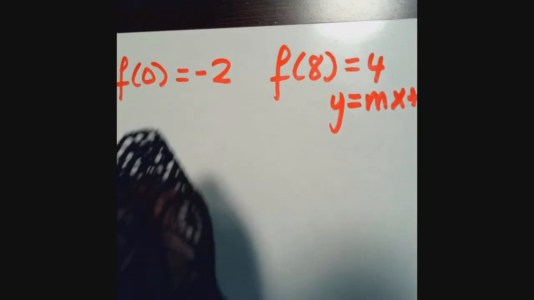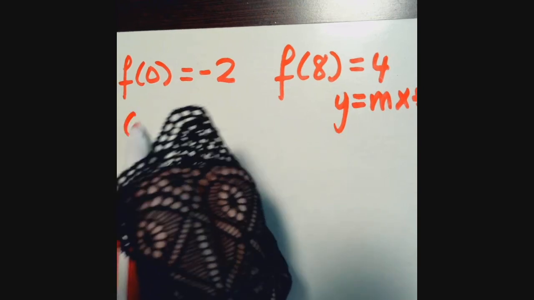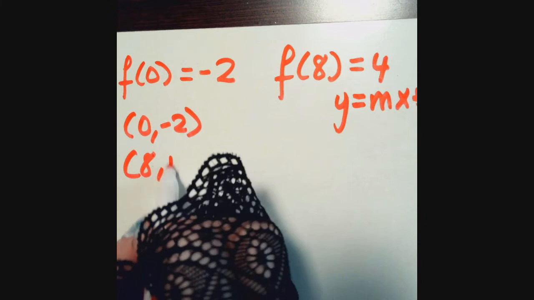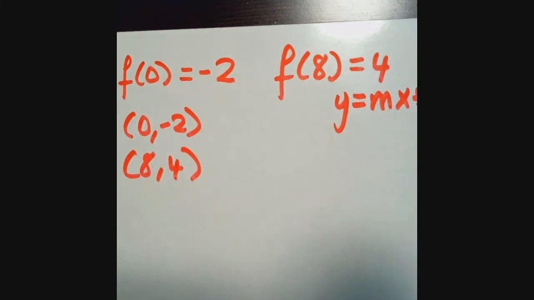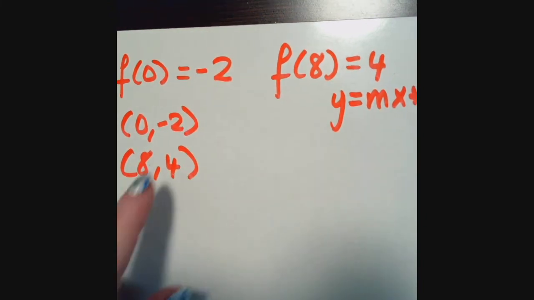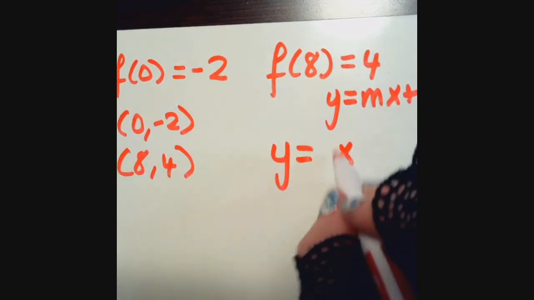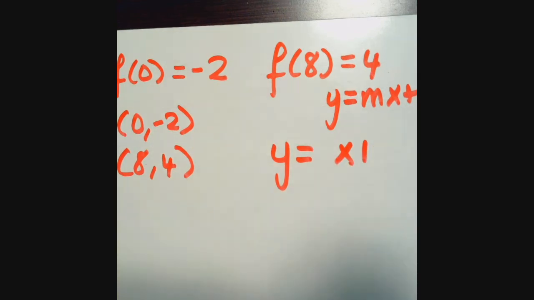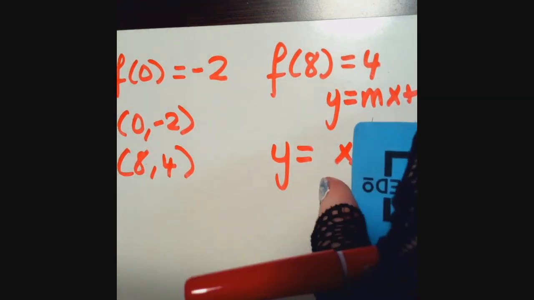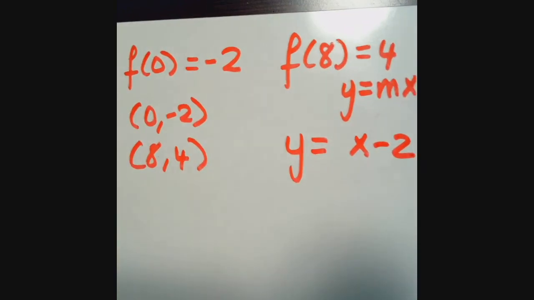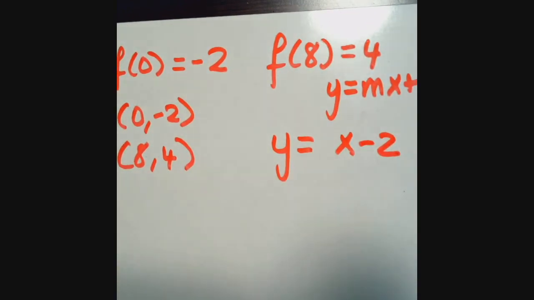So I'm going to write it as an ordered pair, (0, -2), and the other one is (8, 4). You should be able to do that. You can see that you already know the y-intercept is negative 2. So I'm looking at y equals something plus, I don't want to see plus negative 2, I'm just going to put b is negative 2, so I'm going to fill that in. So all I'm looking for is the slope.